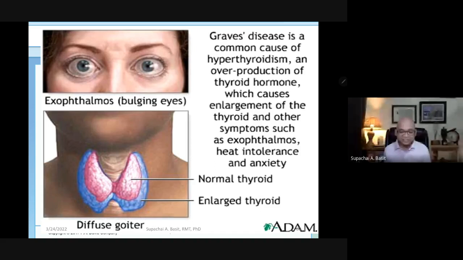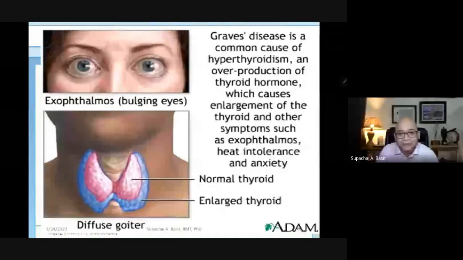Graves' disease is a common cause of hyperthyroidism, as shown here: an overproduction of thyroid hormone, which causes enlargement of the thyroid and other symptoms such as exophthalmos, heat intolerance, and anxiety. So again, this is the exophthalmos in Graves' disease.